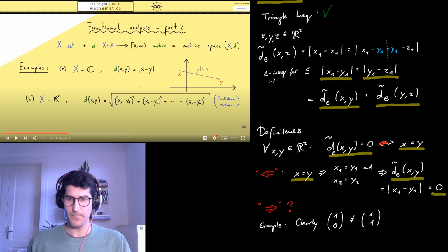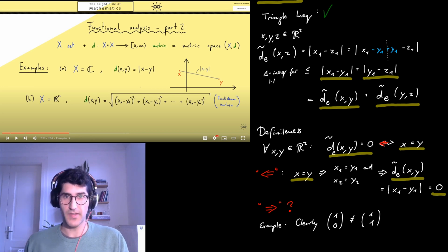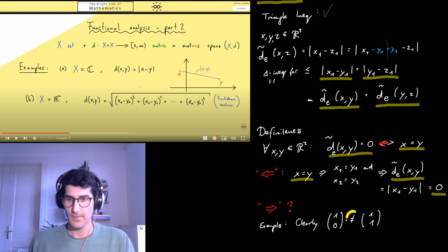Why are they not the same? Well, two vectors are different in R2 if they differ in at least one component. The component in which they differ is the second one. So here we have a 0 and here we have a 1. Therefore, our two vectors are different.